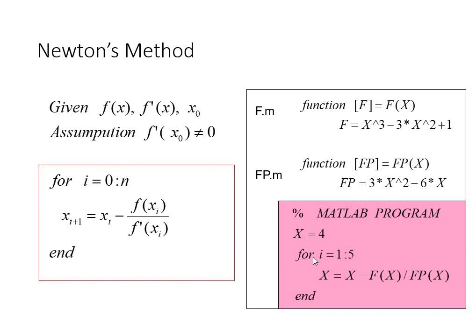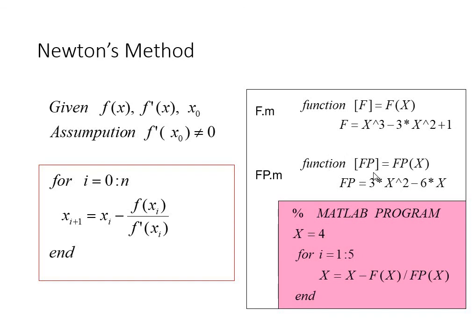So if you're implementing this in MATLAB, you need your function in your M file. So your function will be function f equals f of x, and here you define your function, which is f equals x cubed minus 3x squared plus 1.